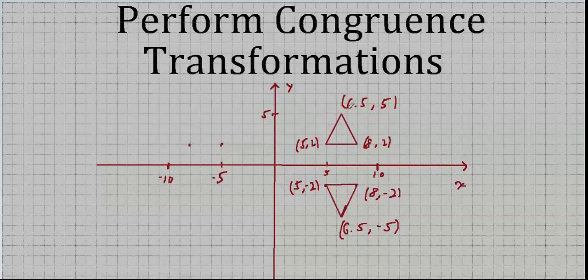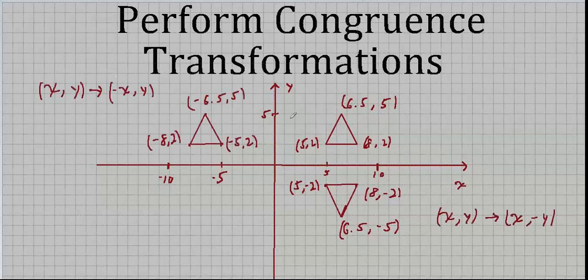Or 5, pardon me, minus 6.5 and 5. So if we reflect about the y-axis, we have 5, 2, minus 5, 2, 8, 2, minus 8, 2, and like that.